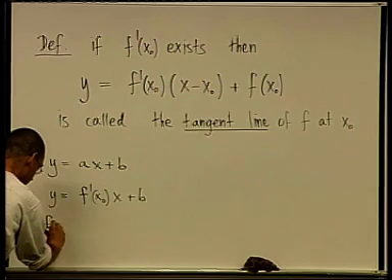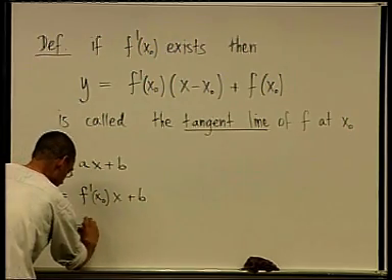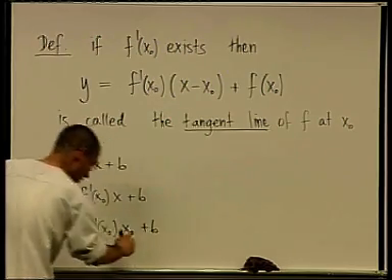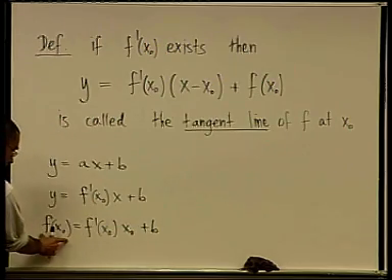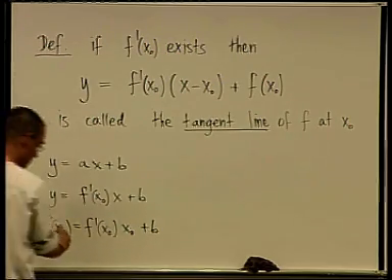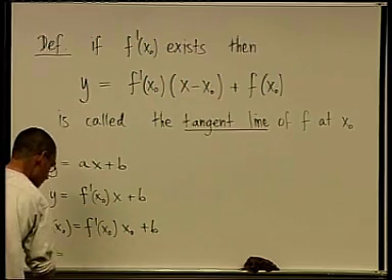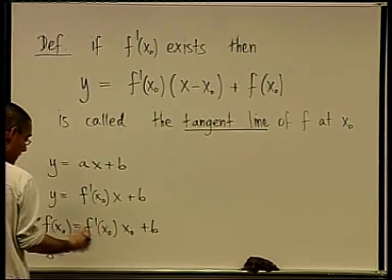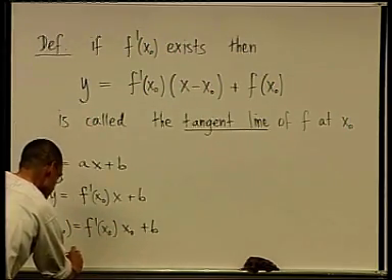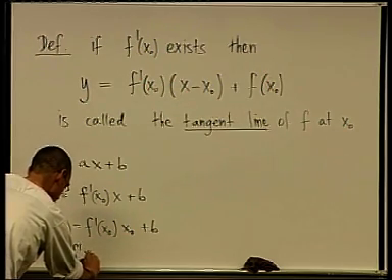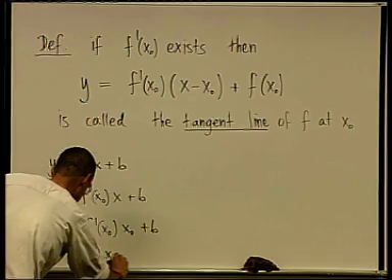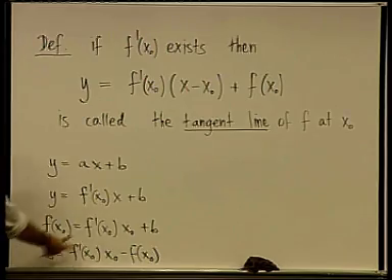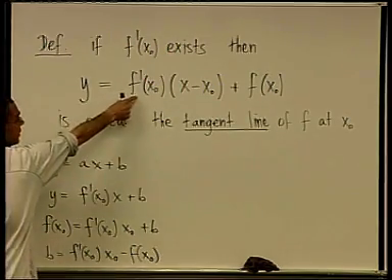So f of x0 equals f prime of x0 times x0 plus b, and therefore b is this minus this. So b equals, so a is f prime at x0, that's the first thing I demanded, and then the second is that b is f prime at x0 times x0 minus f at x0. And now I plug this back into here, and I get precisely this.